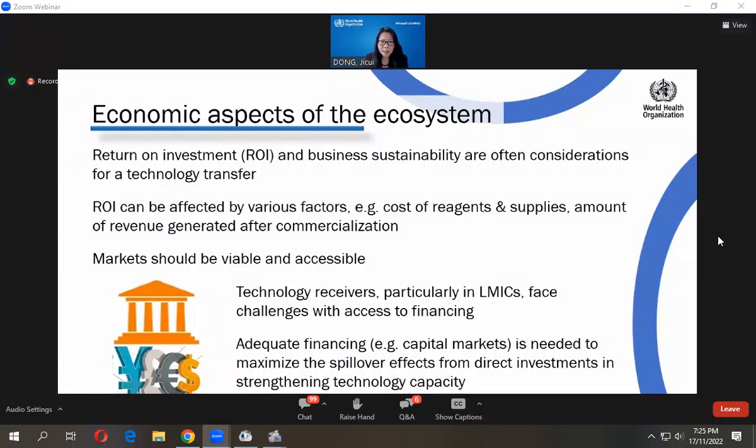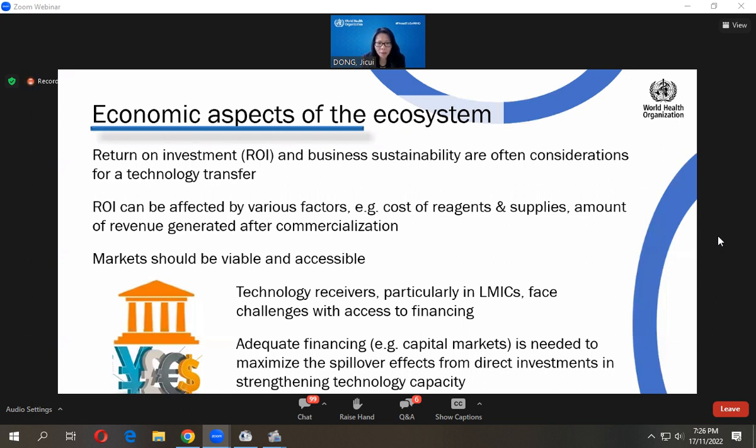Profitability. Return on investment can be affected by various factors like the cost of reagents and supplies, and also the amount of revenue generated after commercialization. There's one thing we must bear in mind. The revenue generated after launching the product in the market can differ largely for the technology holder compared to the technology receiver.